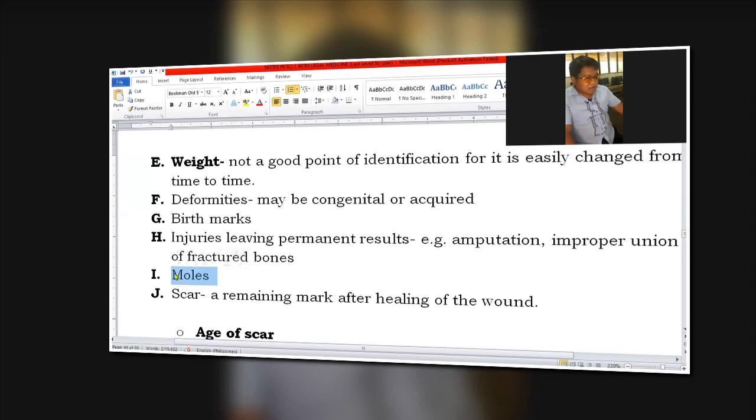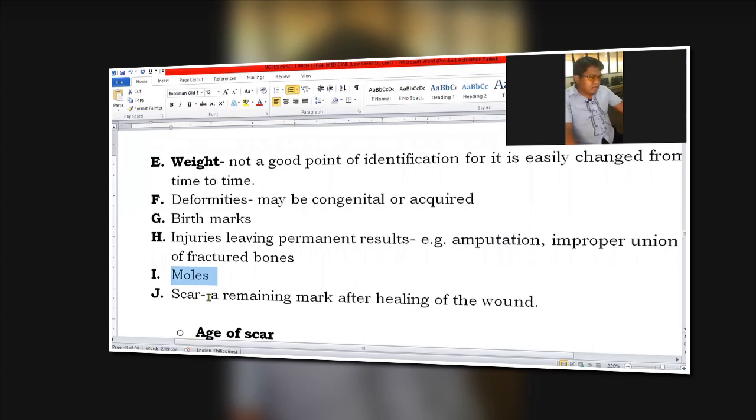Alam nyo, ang term na cadaver or corpse is used when there is a discovered dead body and the identity is not established or cannot be established. So pag hindi mo alam ang identity ng tao na natagpo ang patay, then the term used is cadaver or corpse. Yan.